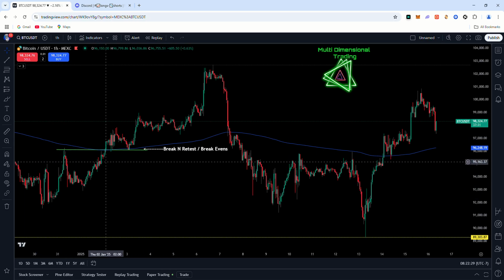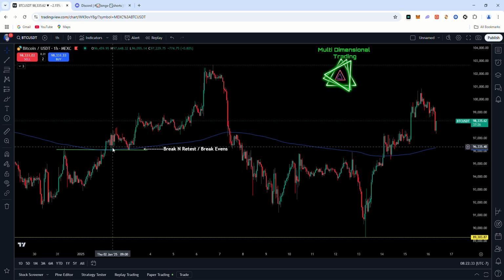But we have multiple confluences here, and that's the point. We break up, retested it, double bottom off of this level. Now it was a roof right here. Now it's a floor. Very easy to see.